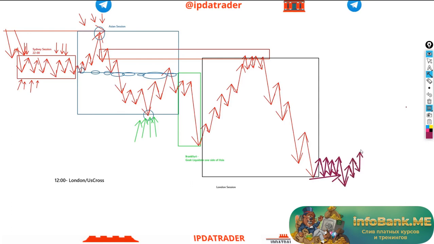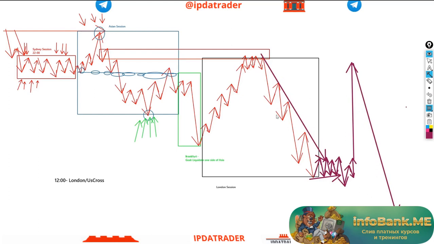But what you will find is that most of the time it's not going to be a progressive move up. It's actually going to be a huge move to stop all these people out, and then you will get the continuation, right? That would be your US session.